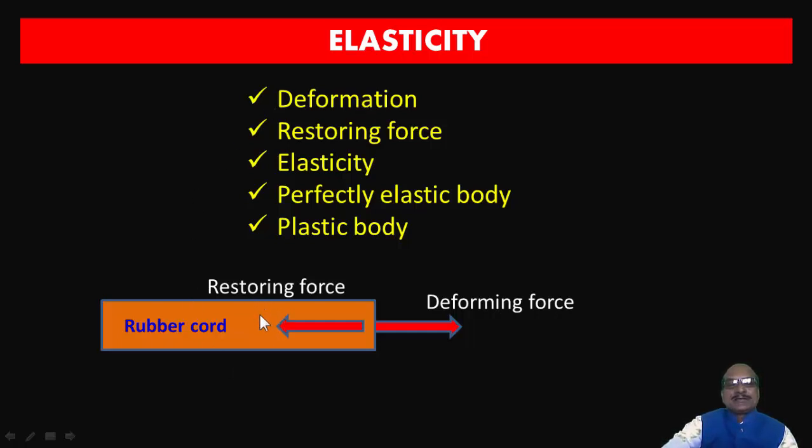For example, let us consider a rubber cord. Now, if we apply an external force at one end towards the right, then we see that the length of this rubber cord increases, or there is a change in the length of this rubber cord.